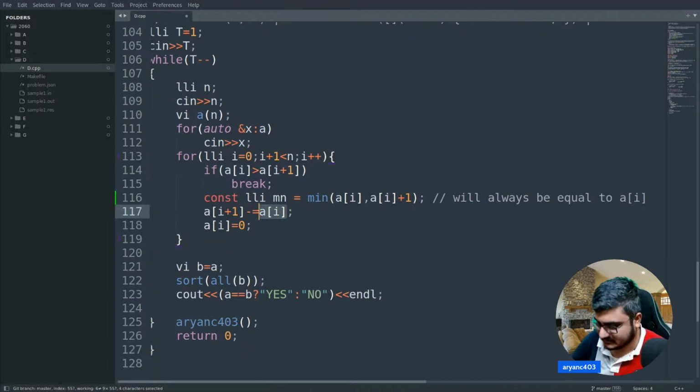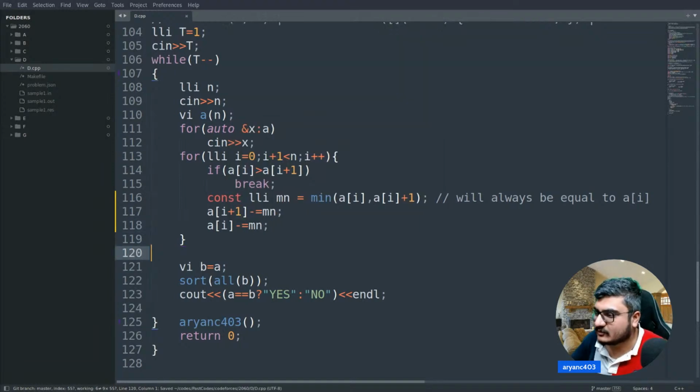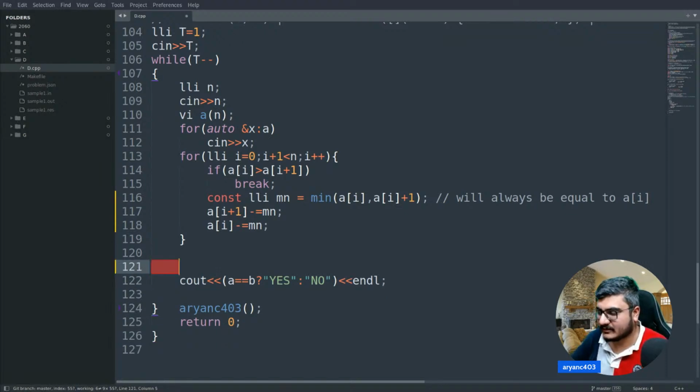So you can probably do this. And at last you can check if A is in sorted order or not. And that can be one way to do it, or another way you can do it.